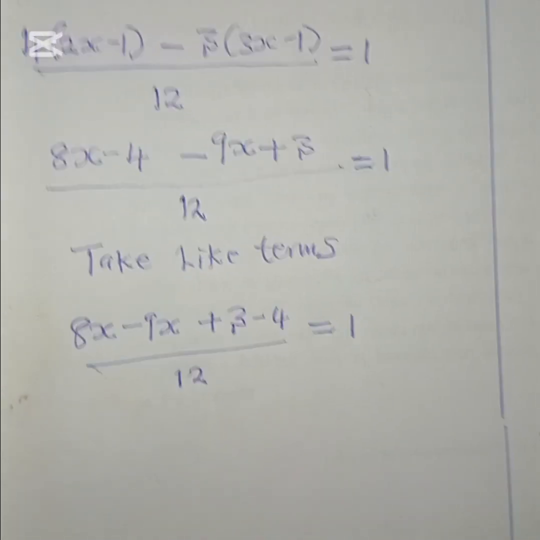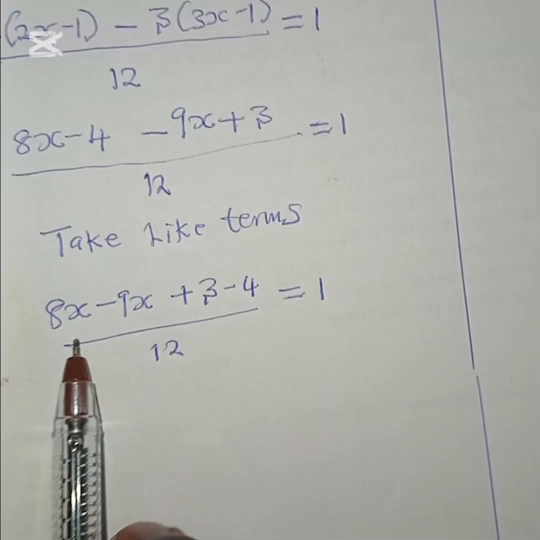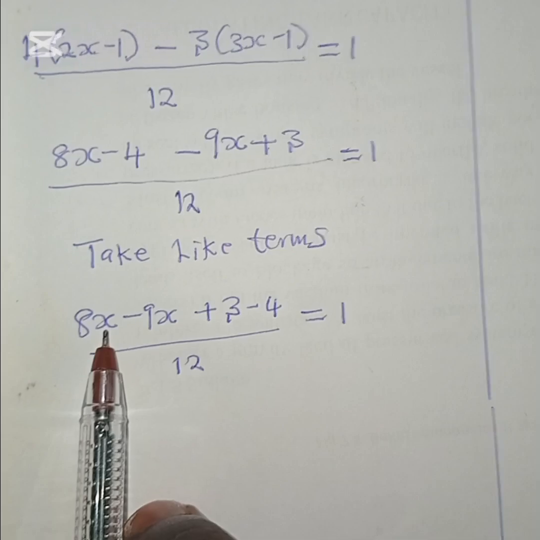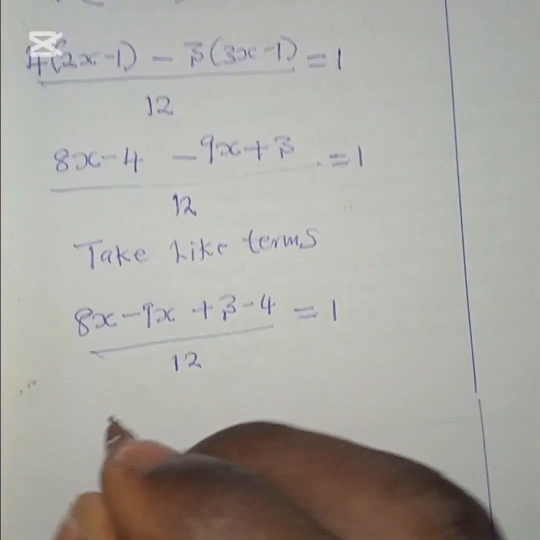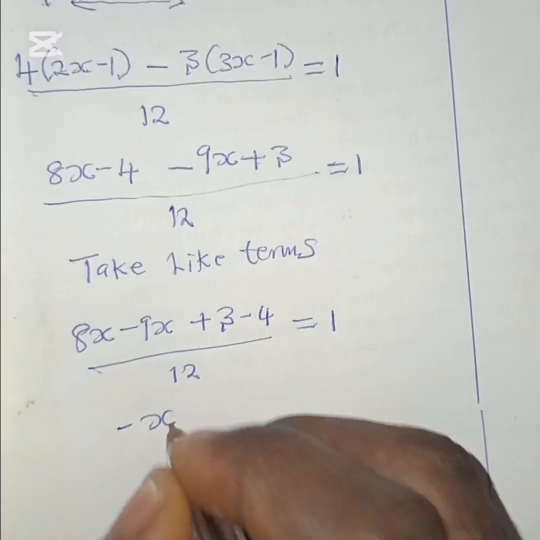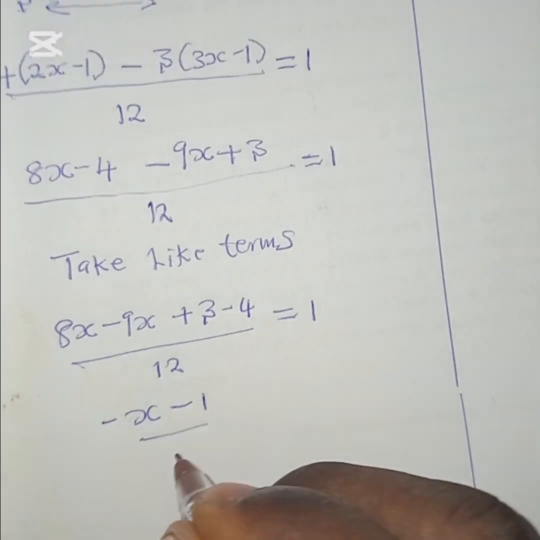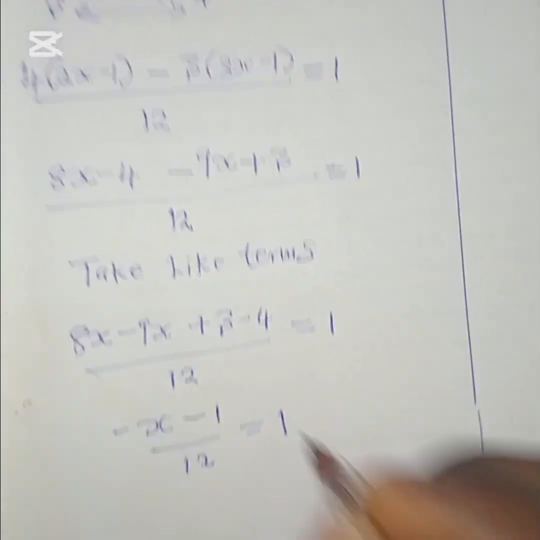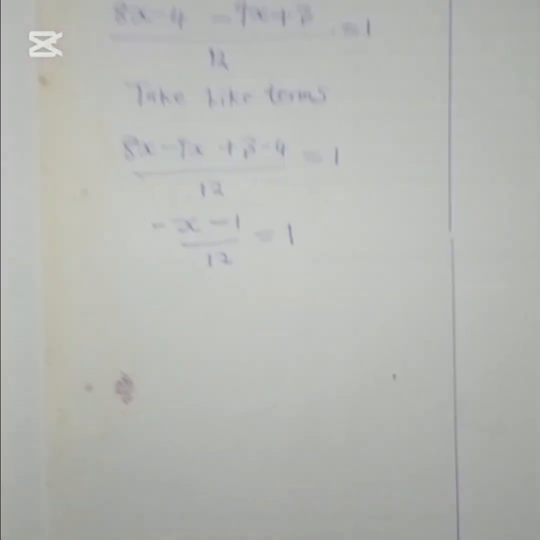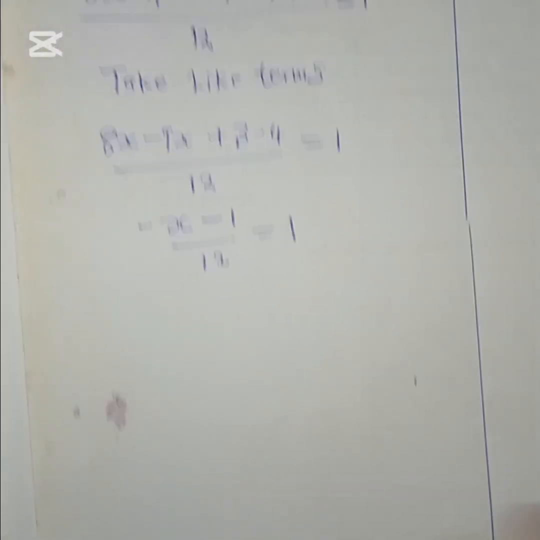It's becoming simpler, right? So 8x minus 9x will give you minus x, and 3 minus 4 will give you minus 1, all over 12 is equal to 1. Now the next thing is to cross multiply again.